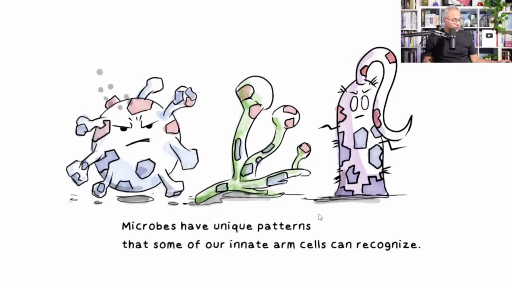So first concept, innate arm. Its primary function, or the way it attacks the pathogens, is by recognizing patterns on them. If you look at these, this is a virus here, this is a fungus, this is a bacteria.